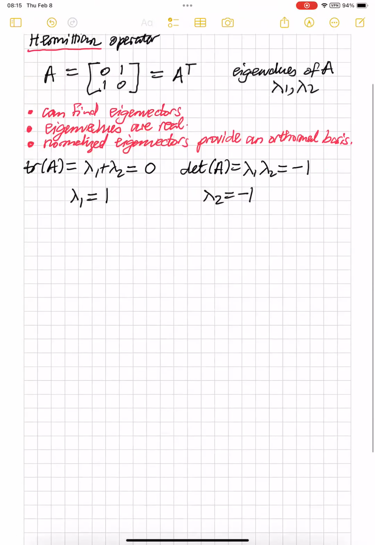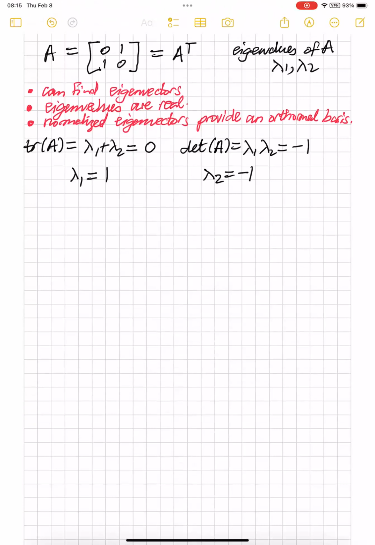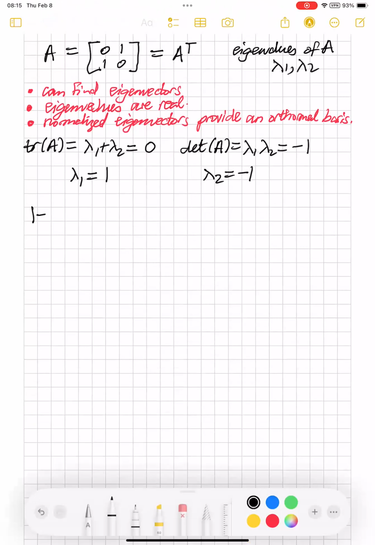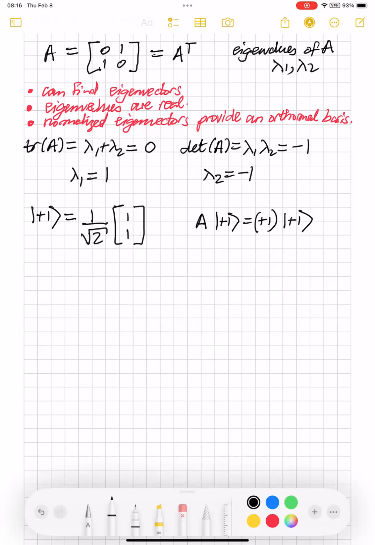Given the eigenvalues, we would like to determine the eigenvectors. Now, this is a very simple standard exercise, so I'm just going to write down what is the solution. Well, the eigenvector for the eigenvalue +1, so notice I'm again labeling the eigenvectors by the value of the eigenvalue, is given by this. And to really check that I didn't make a mistake, you should check that operator A acting on the eigenvector is equal to the eigenvalue times the eigenvector.